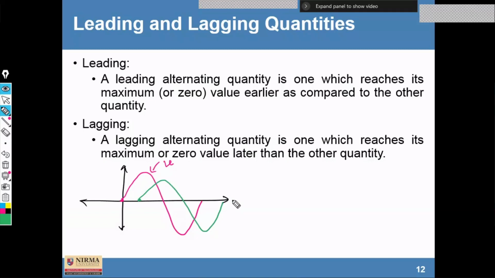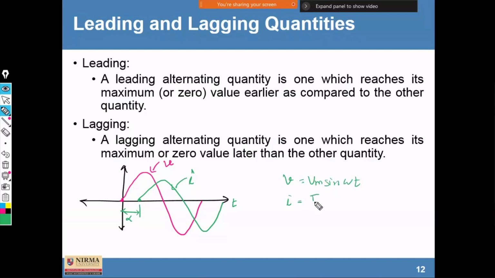So this is a current. And if the angle is alpha, we can write V is equal to Vm sin omega t, and for I we can write I is equal to Im sin (omega t minus alpha).